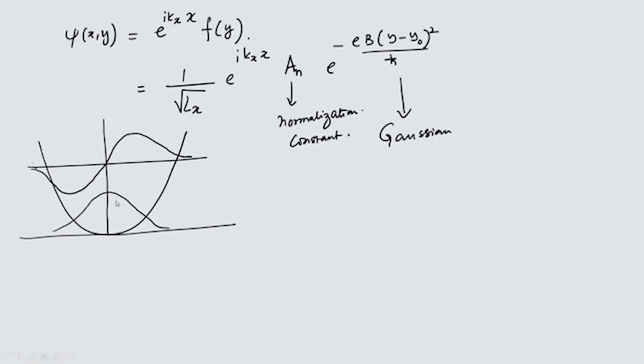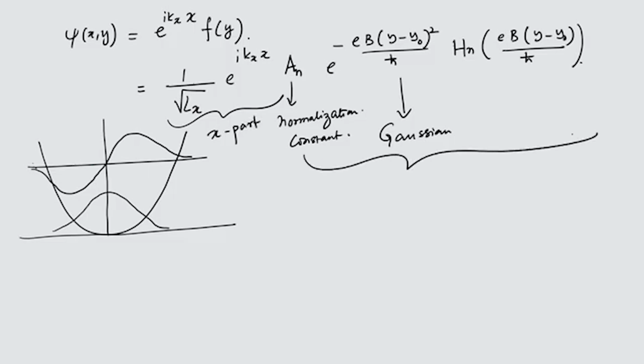This is the ground state and this is the first excited state. Then there is a Hermite polynomial, written as a function of (y minus y0) divided by h cross, etc. The exact form is not important for us at this moment, but we need to know that there is a Hermite polynomial and a Gaussian term, which come with a normalization constant, and this part is purely because of the x part and this is because of the y.